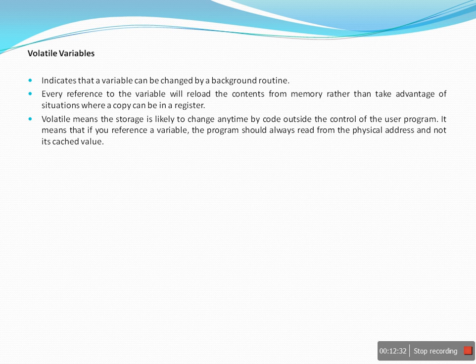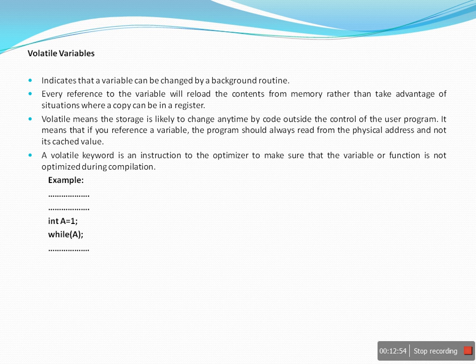Volatile means the storage is likely to change anytime by code outside the control of the user program. It means that if you reference a variable, the program should always read from the physical address and not its cached value.